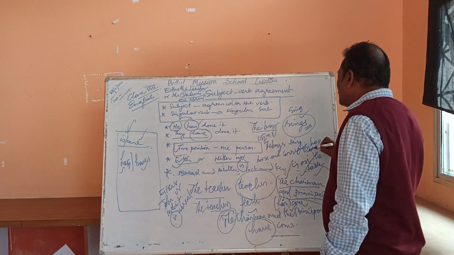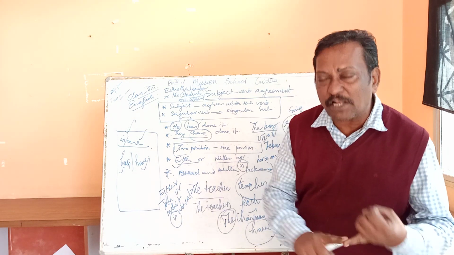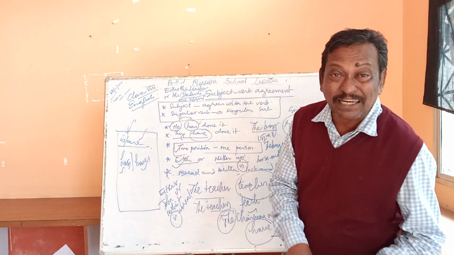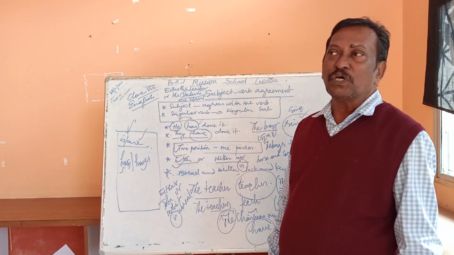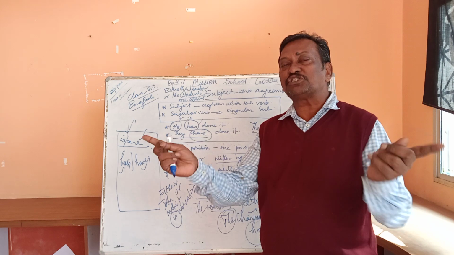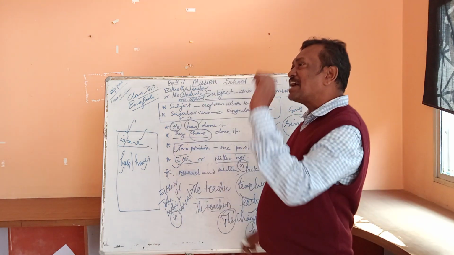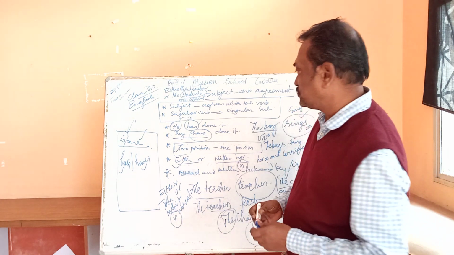It does not have come. So, cup and saucer is on the table. The lock and key is on the table. The horse and carriage has come. Bread and butter is my food. So, there are some things which go in pairs, and when they go in pairs, they have to be treated as a singular subject. Therefore, a singular verb is used.